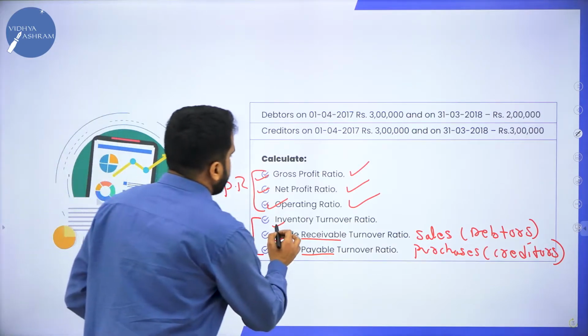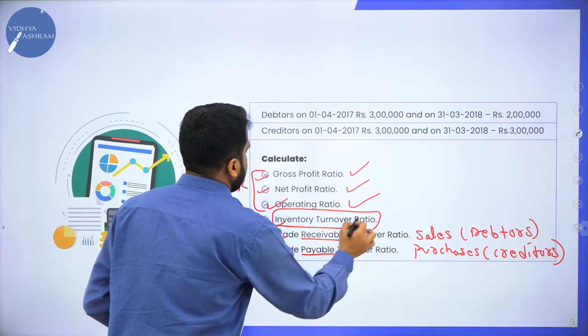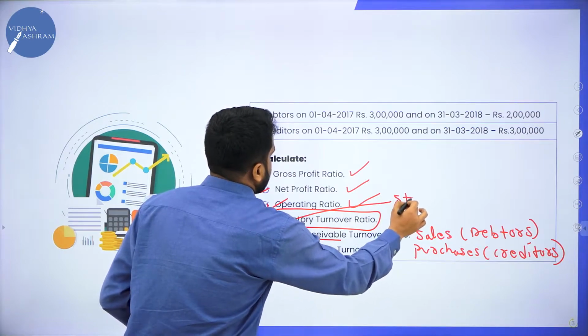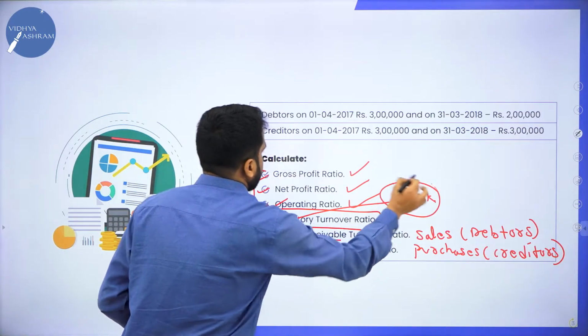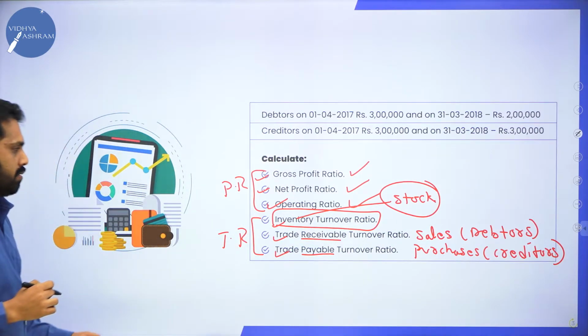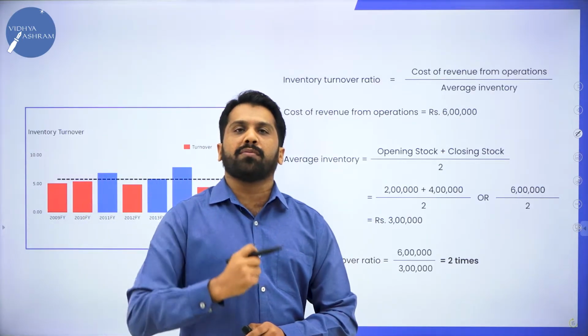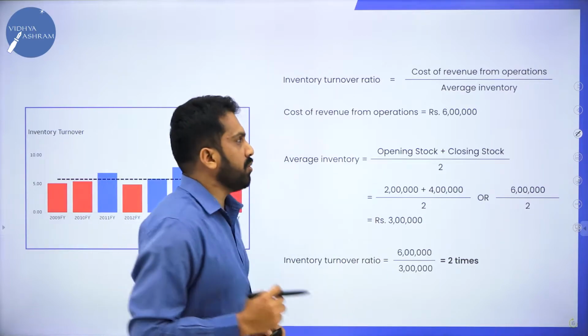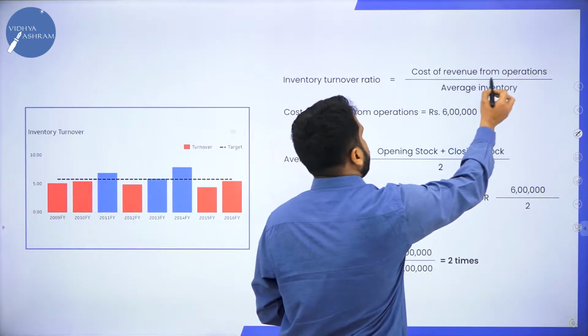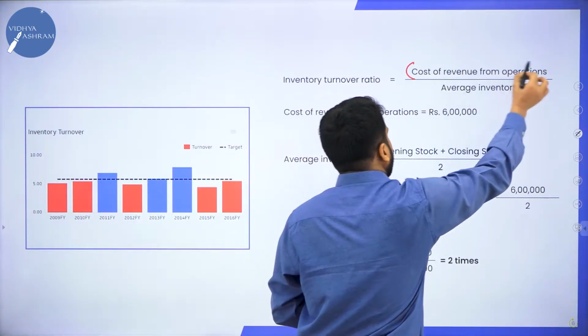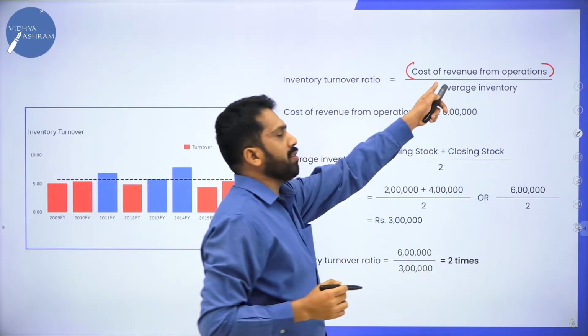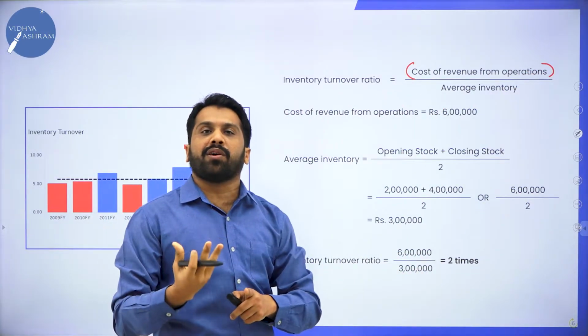Now we are going for inventory turnover. Inventory means, remember, it is stock. What is the formula for inventory turnover ratio? Cost of revenue from operation divided by average inventory. You have to remember this, because we have already done it. What is cost?